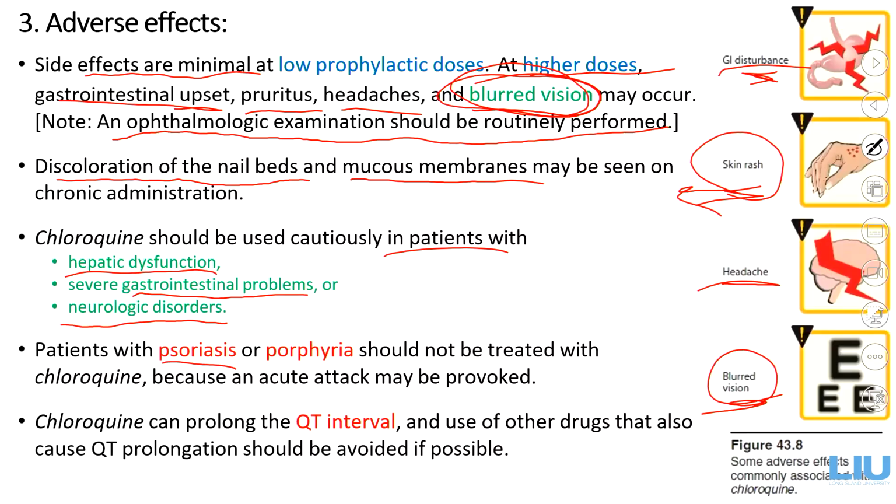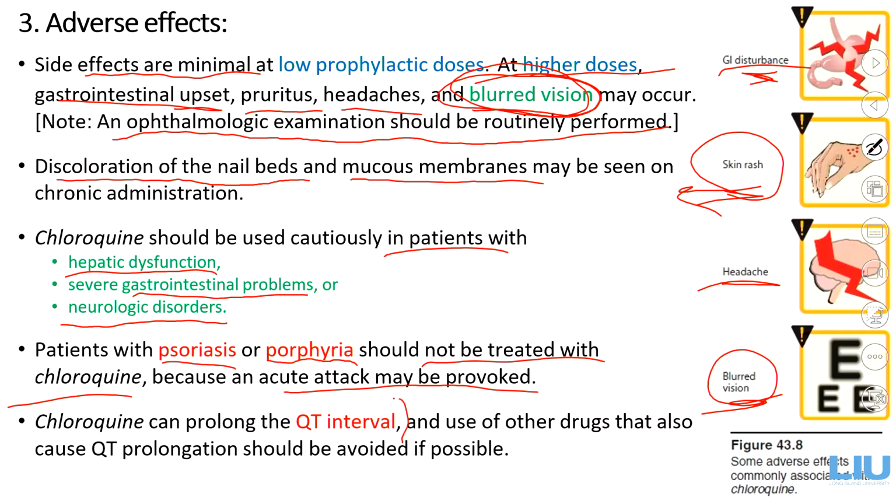Patients who have psoriasis or porphyria, these are skin diseases, should also not be treated with chloroquine, because that's going to cause an acute attack, basically exacerbate, increase those skin conditions.